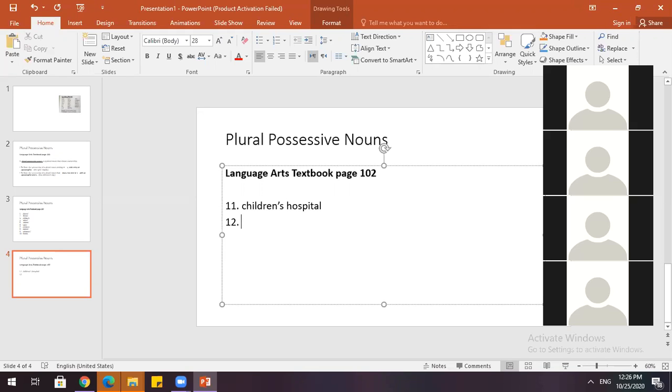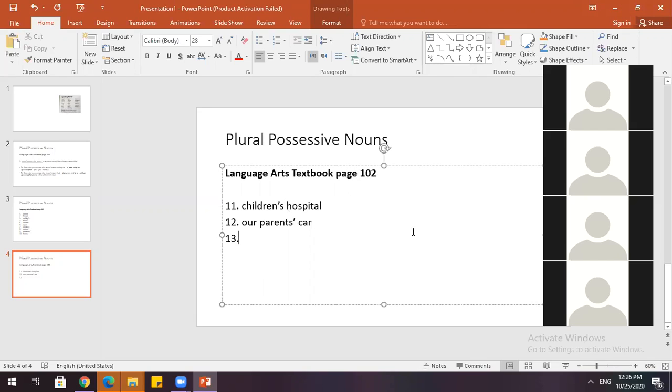Okay, how do we make this possessive? Our parents' car. All right, how do we write it? Parents, then S apostrophe, then car. Very good.